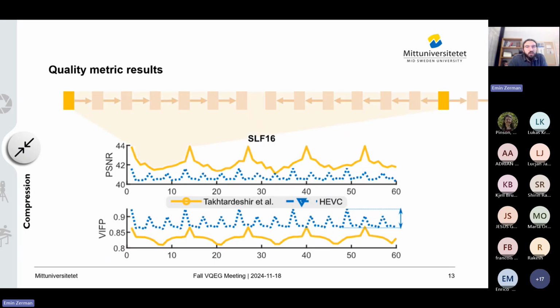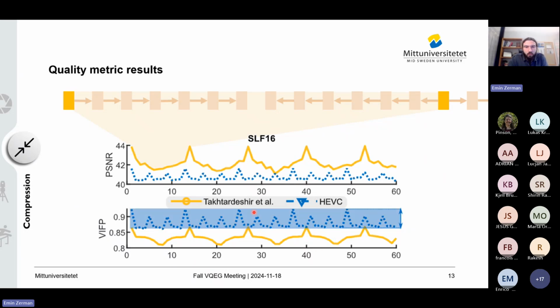These fluctuations align pretty well with how we selected the intra-frames and predictive frames: if you have intra-frames or bidirectional intra-frames, then you have a pretty good quality score, and as you move away from them, your quality score reduces.